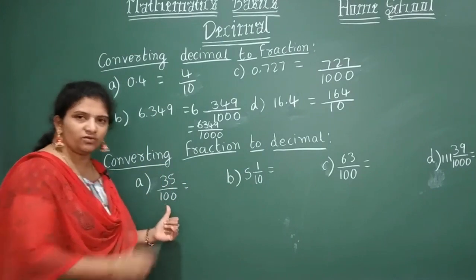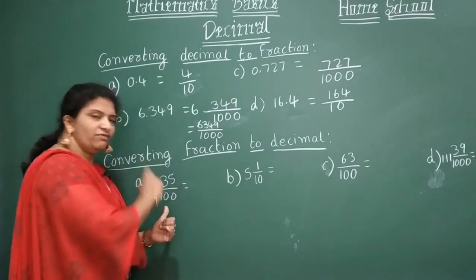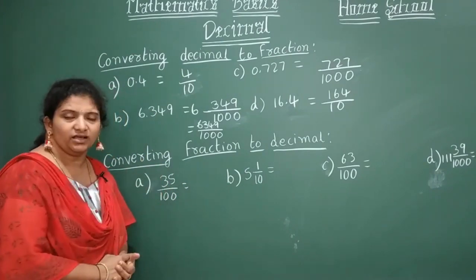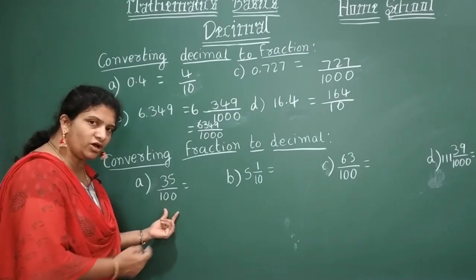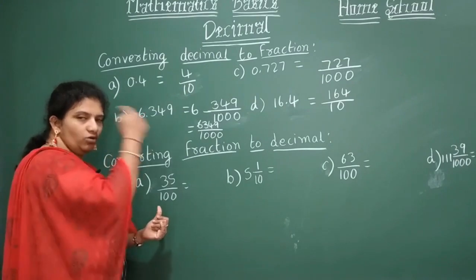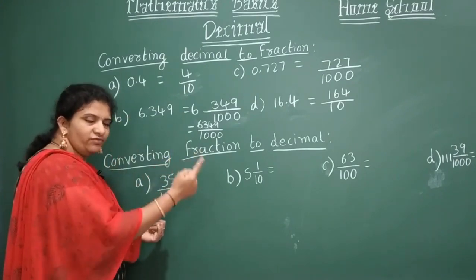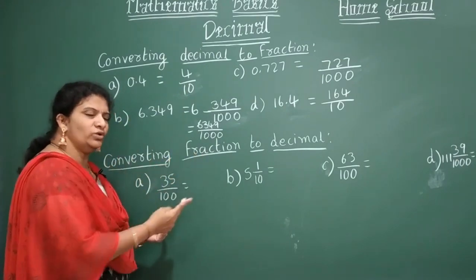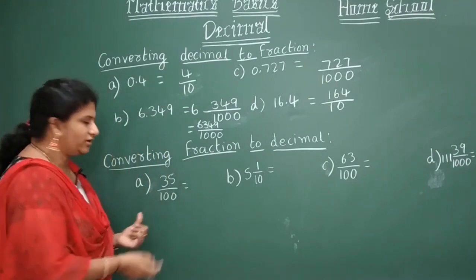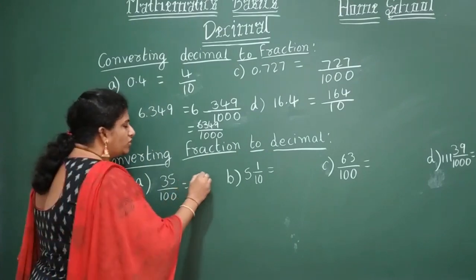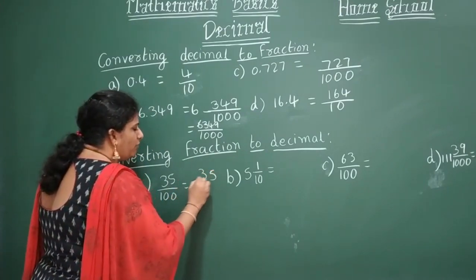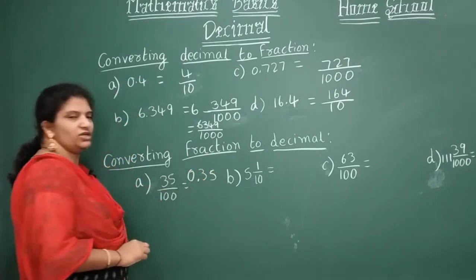Now, let's see the conversion of fraction to decimal. So observe here, children, what's your first sub question? 35 by 100. 35 by 100 means what? How many zeros do you have in the denominator? 2. So go to the numerator. Count from the right side. After 2 decimal digits, you put a point. So look here, there are only 2 numbers here. So what you need to do? 3, 5, point, and you place a 0.